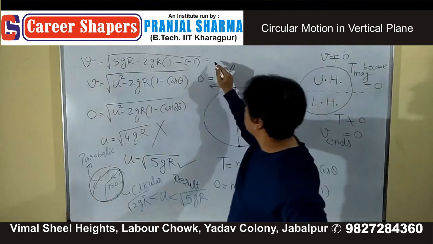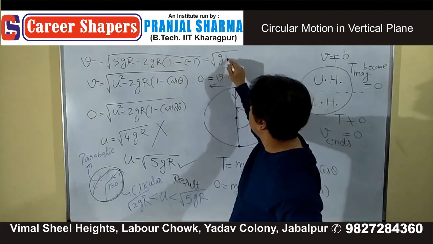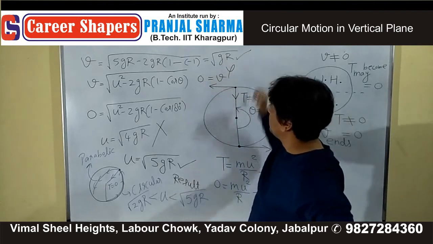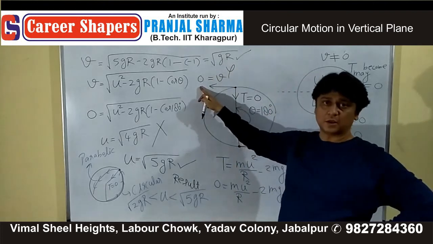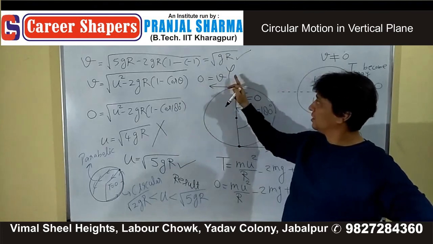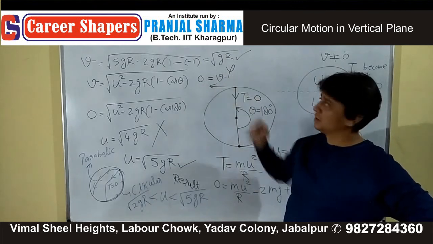V at the highest point is coming root GR. What had we assumed? 0. Therefore, it was wrong.